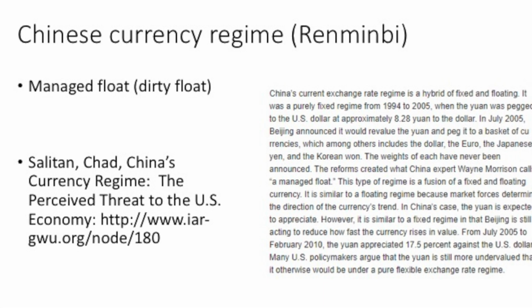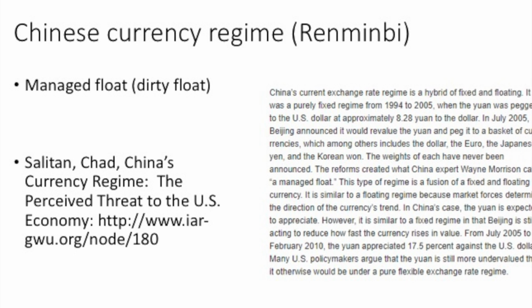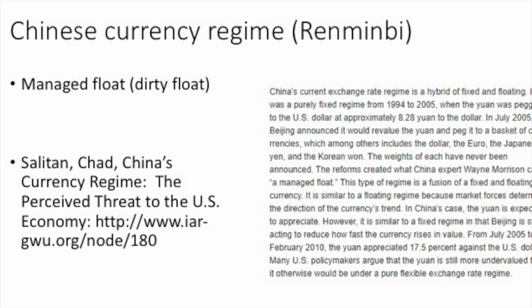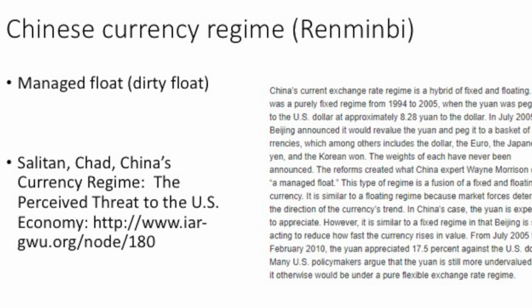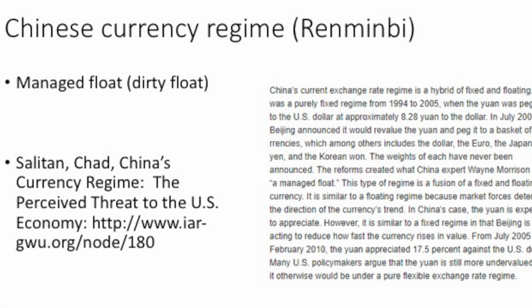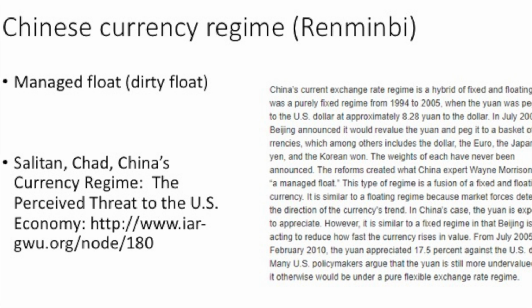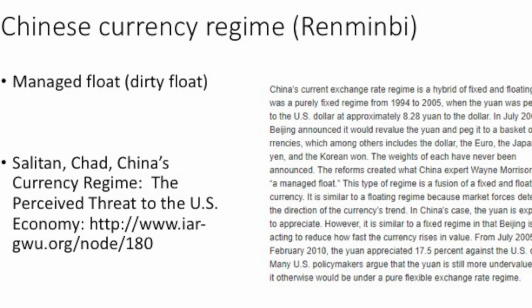In July 2005, Beijing announced it would revalue the yuan and peg it to a basket. The weights of each have never been announced, and the reform created what expert Wayne Morrison calls a managed float. And this managed float is sometimes very controversial amongst U.S. policymakers and those concerned about trade with the Chinese.